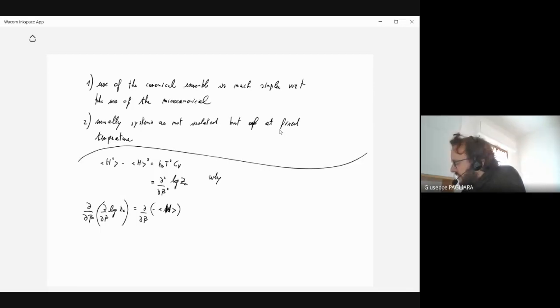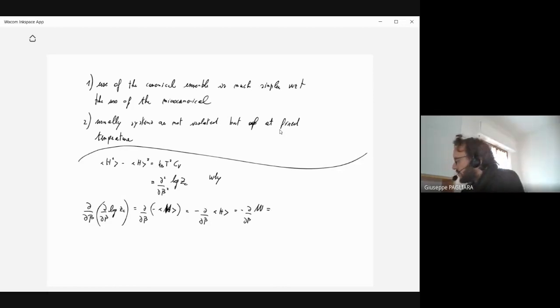And for what we have seen before, this is a minus derivative with respect to beta of h averaged. And we have just seen before that this is minus, of course, this minus derivative with respect to beta of u.